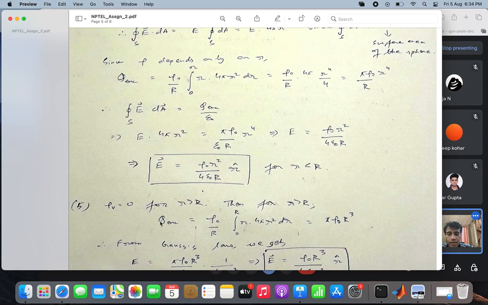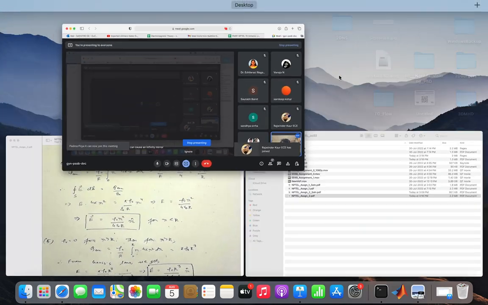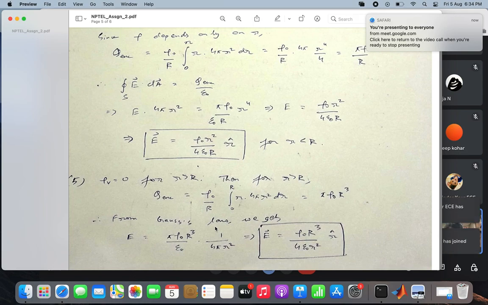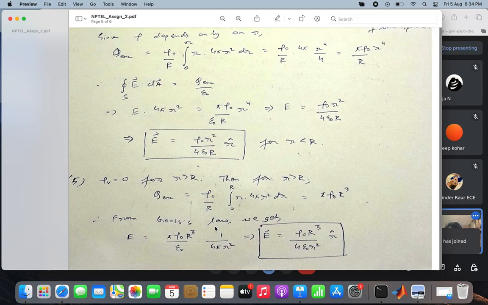What happens is that my right hand side changes, the charge enclosed changes. So what will be the charge enclosed now? The answer is simple. Since there is no charge outside a radius capital R, even if my spherical Gaussian surface has a radius larger than that of the sphere, it is not enclosing any extra charge, right?